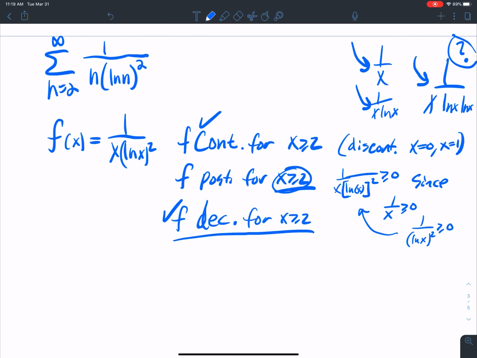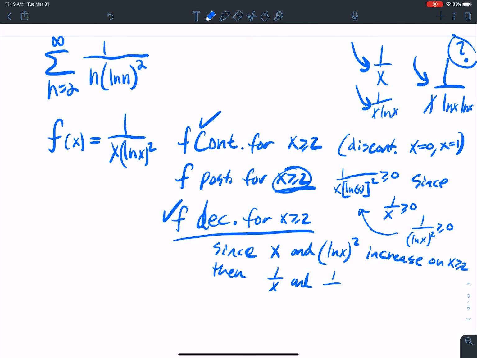Well, since x and ln x squared increase on x greater than or equal to 2, then 1 over x and 1 over ln x squared decrease on x greater than or equal to 2.